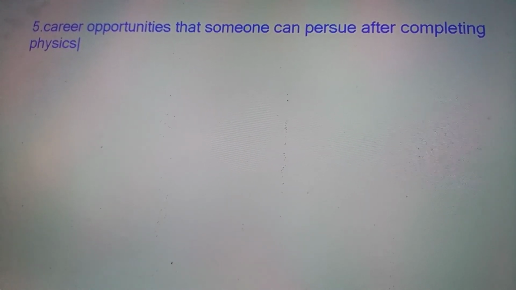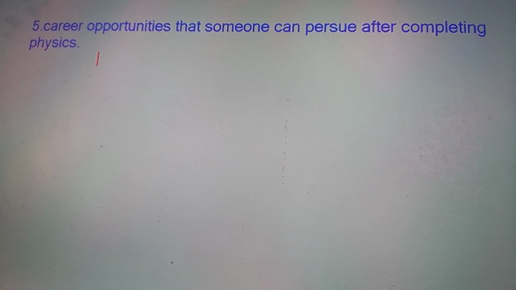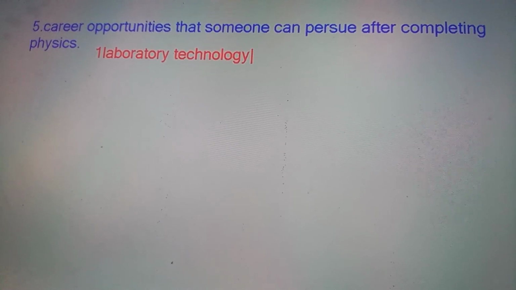Some of them: you can work as a laboratory technologist.